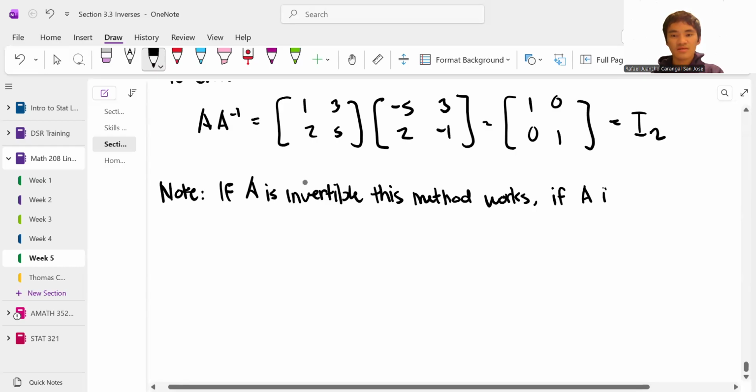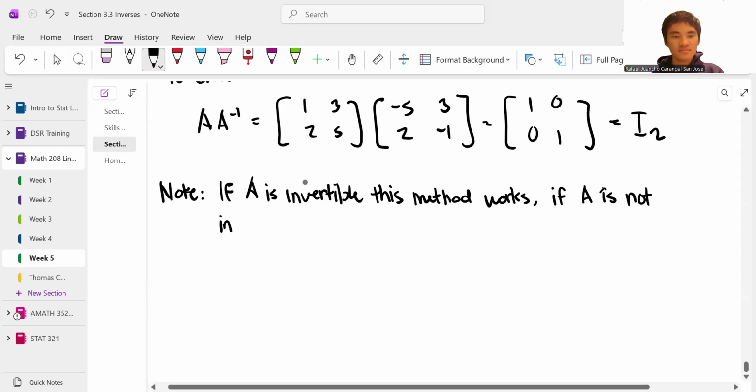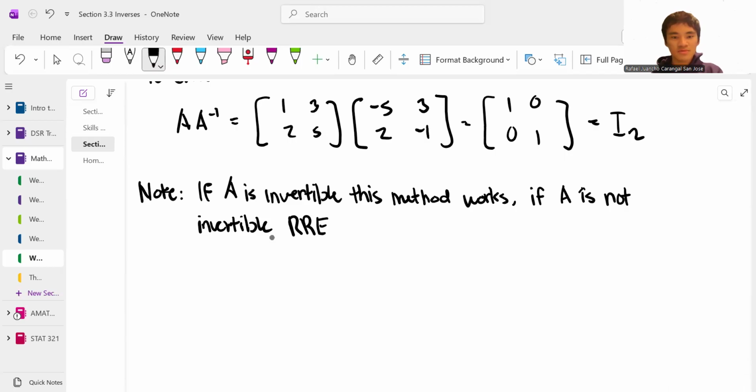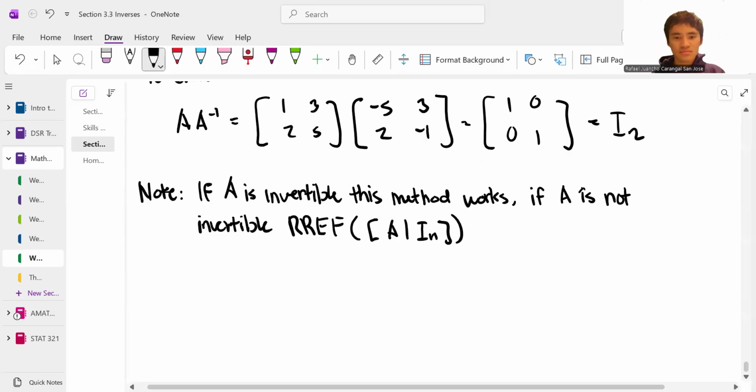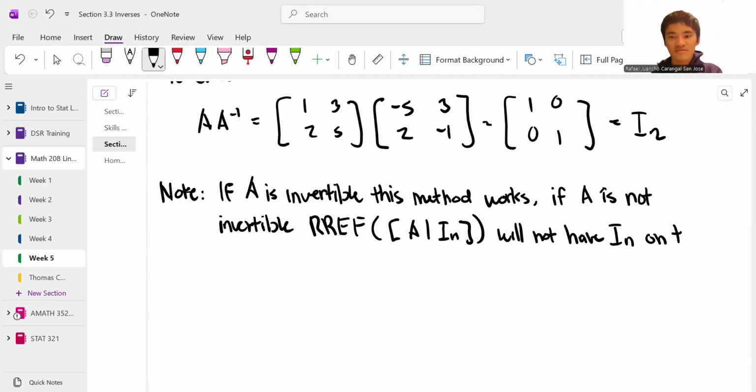If A is not invertible, the reduced row echelon form of this guy will not have IN on the left side.